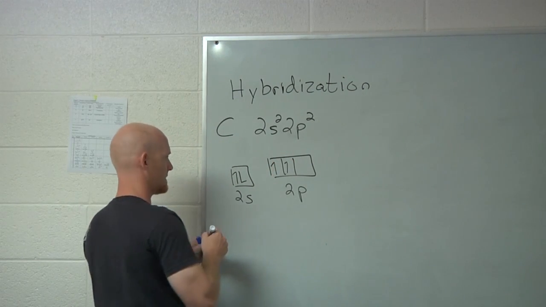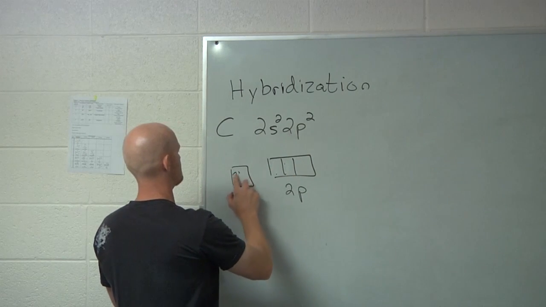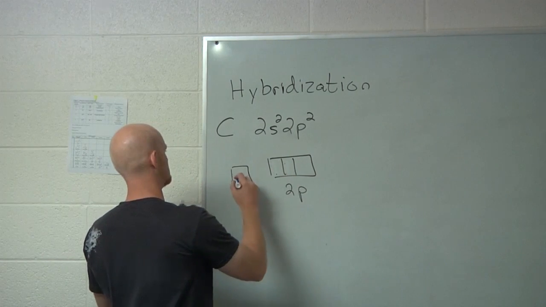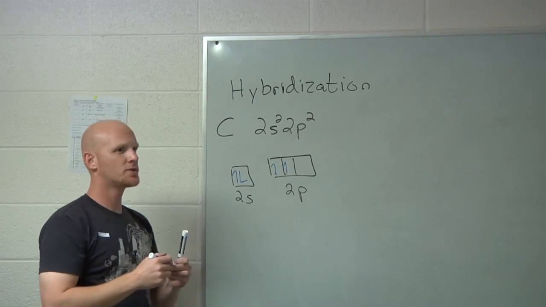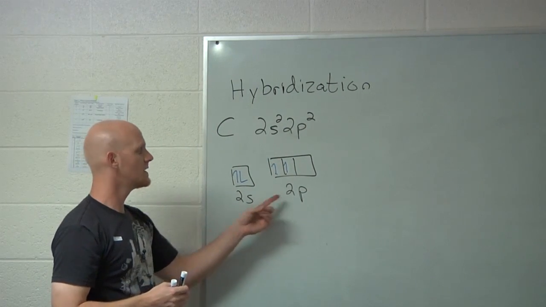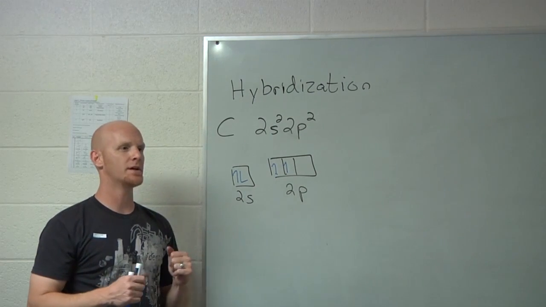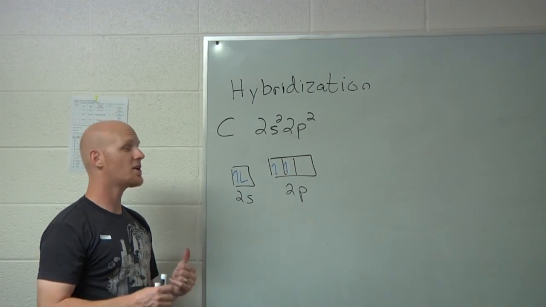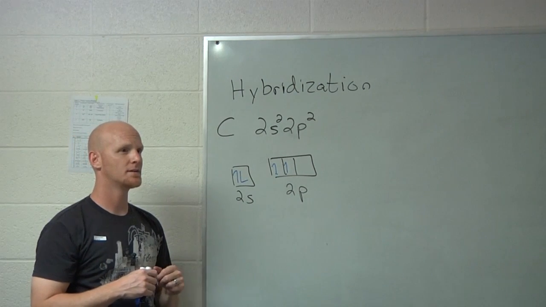Let's give a little contrast here. Classical bonding theory says that an atom, like carbon, will use its unpaired electrons to share and make bonds. Based on that classical theory, how many bonds should carbon be able to make?